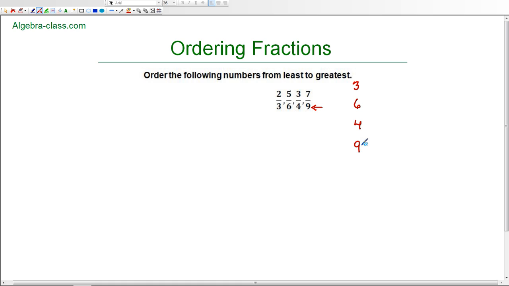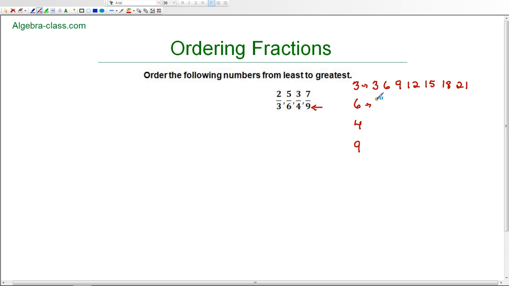So what I'm going to do is start listing the multiples of each number until I see the least common multiple. The multiples of 3 are 3, 6, 9, 12, 15, 18, 21. I'm going to stop there and see if I need to go any further.